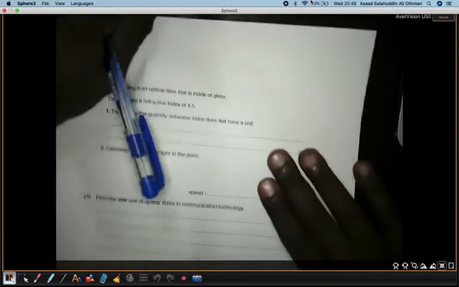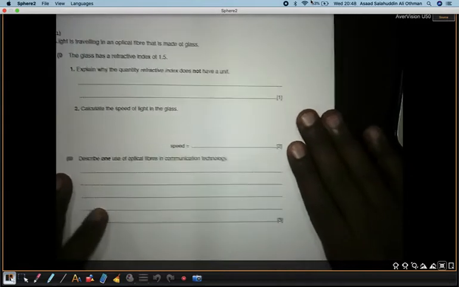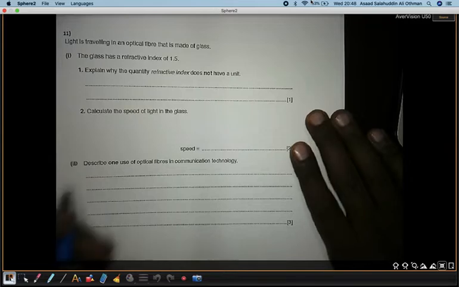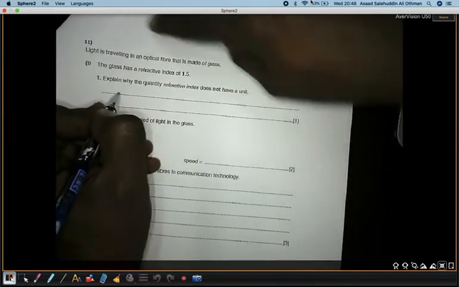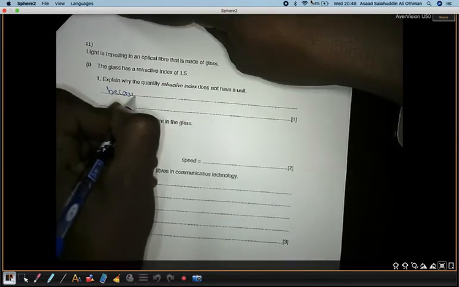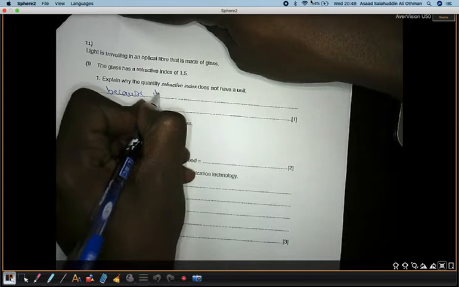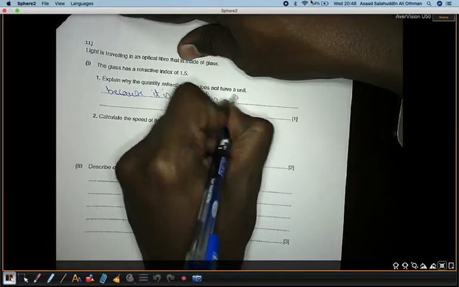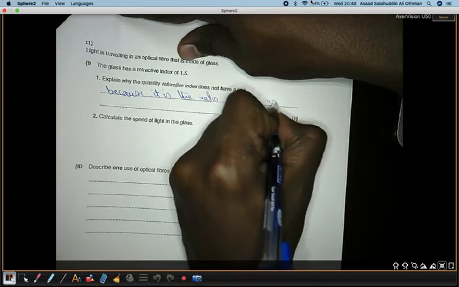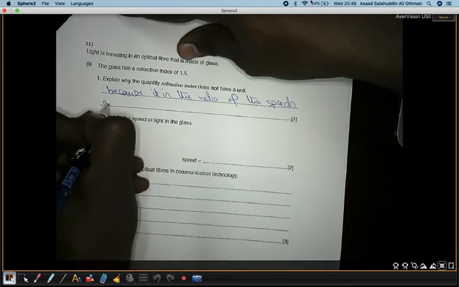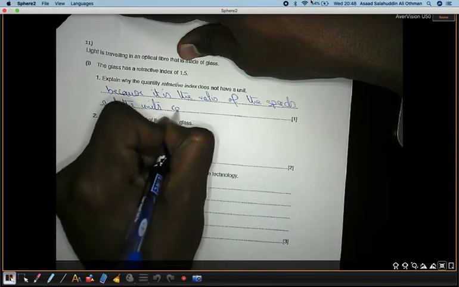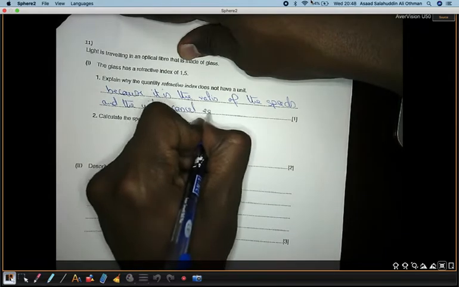Moving on. Light is traveling in an optical fiber. Explain why the quantity refractive index does not have a unit. Because it is the ratio of the speeds and the units cancel each other.